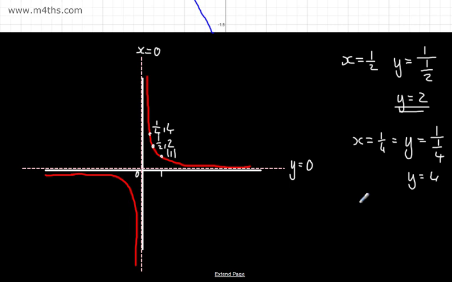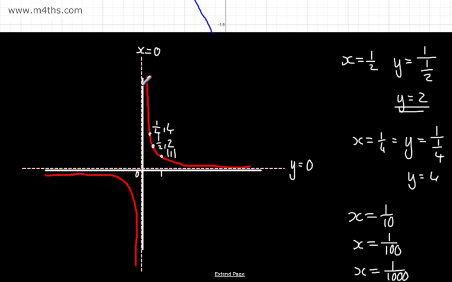If x is 1/100th, it's going to be 100. If x is 1/1000, let's just put these in. We can see that that would give us 10. This now would give us, if I put in 1 over 100, that would give us 100. This would give us now 1 over 1/1000, which is going to give us 1000.